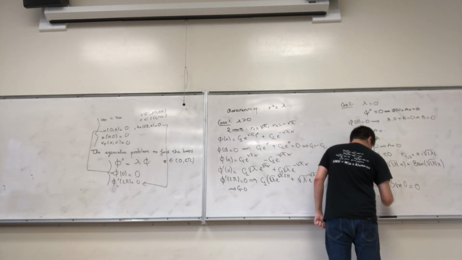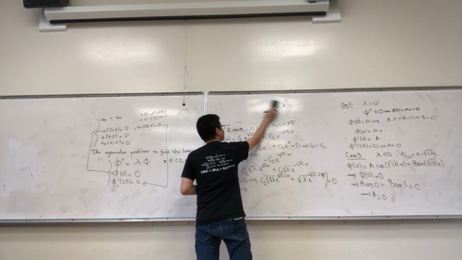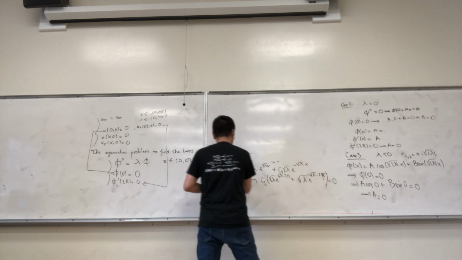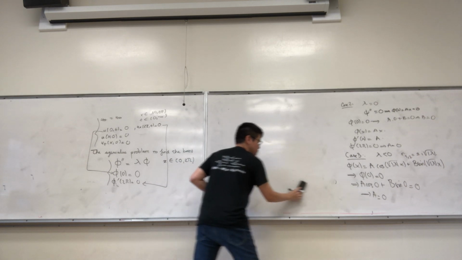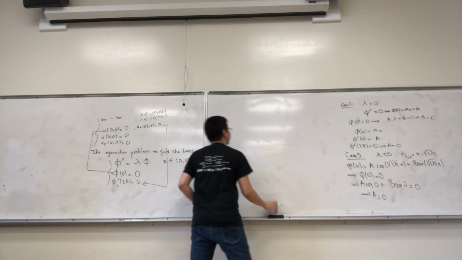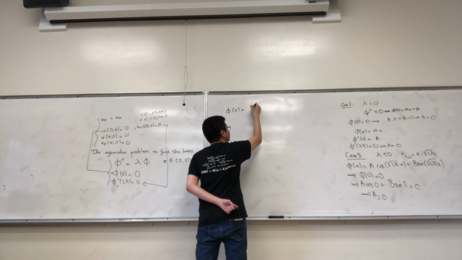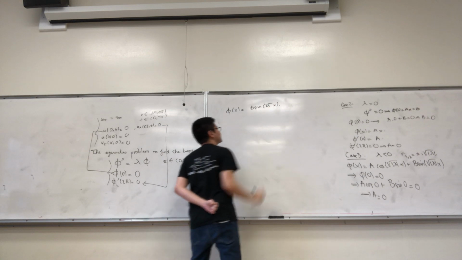So a is 0. Now I found that a is 0, so phi of x in this case will be b sine of square root of lambda x. Alright?